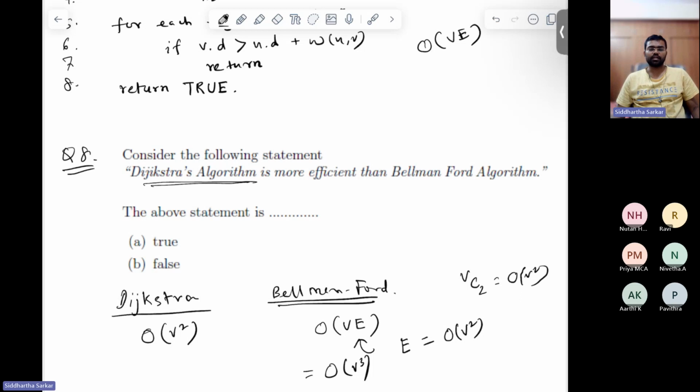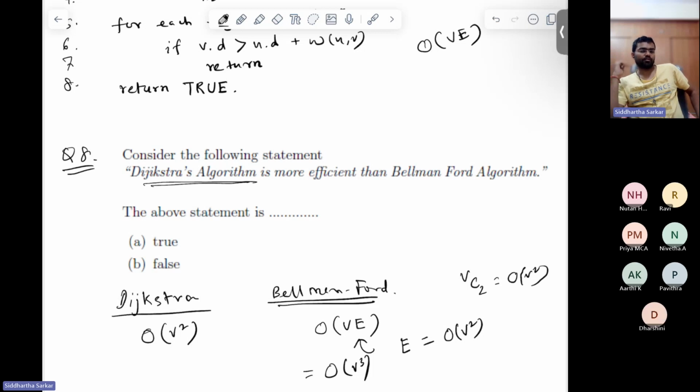E is proportional to V square, exactly. That is why Bellman-Ford has runtime order V cube, right? So Dijkstra is order V square only. Which one is faster?